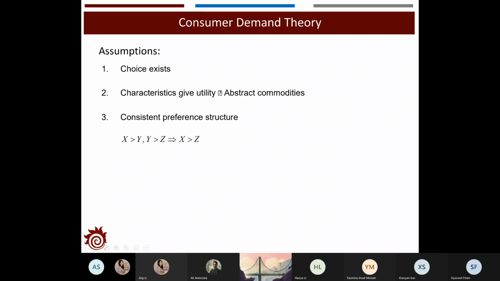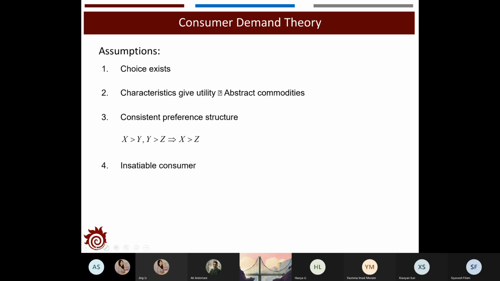So if you prefer X over Y, and also you prefer Y over Z, then based on this preference sequence, you will prefer X over Z. You will not have the other situation, Z over X. So that does not happen. Your preferences are always consistent. So that's the third assumption.